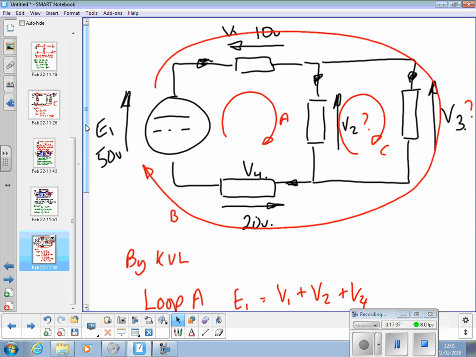All three should concur. All of them should follow the law. It's proof that the voltage across these two resistors in parallel are equal to each other. Kirchhoff's voltage law proves it. Alright?